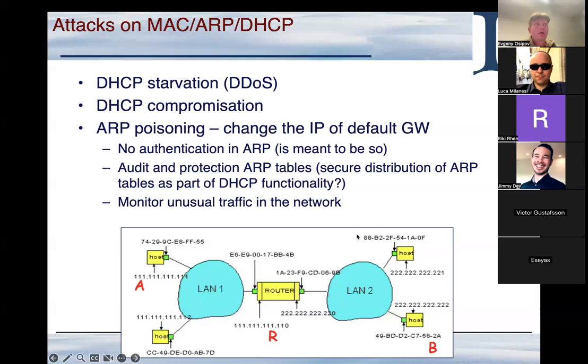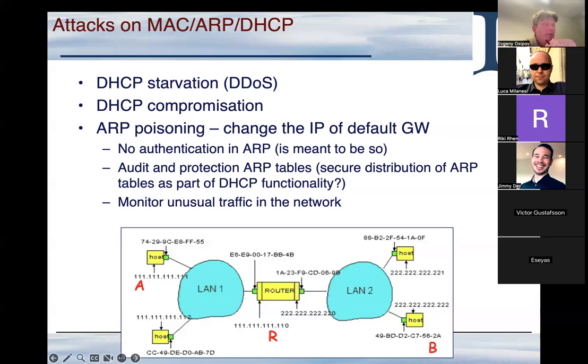And the problem is that there are no security mechanisms inserted in ARP. There is no authentication, although there were attempts to do so. So what is needed is really a job of system administrators to monitor and audit regularly the ARP tables, the tables that have this mapping of IP addresses to link layer addresses.